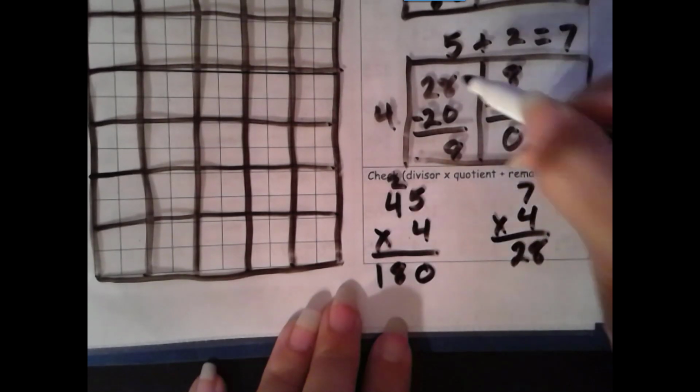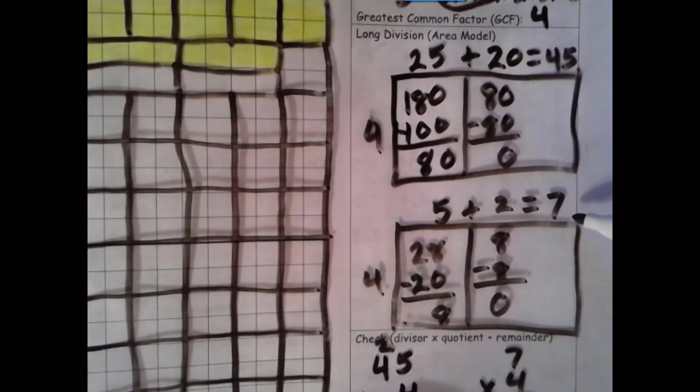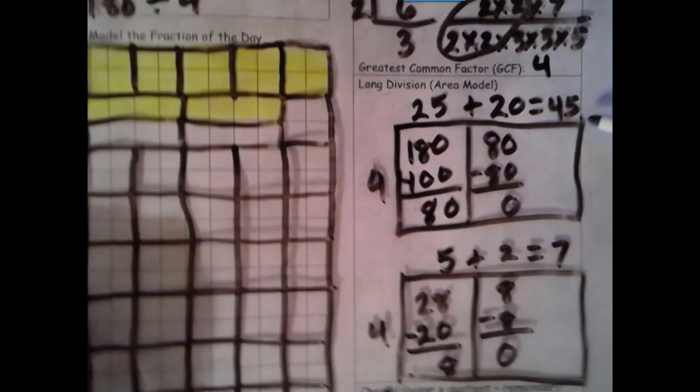Well, let's see, 28, that does match my dividend. 180, that does match my dividend. So both of them check. That means my numerator is definitely 7, and my denominator is definitely 45.